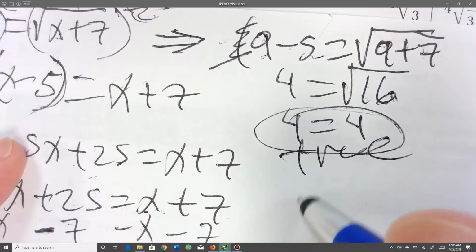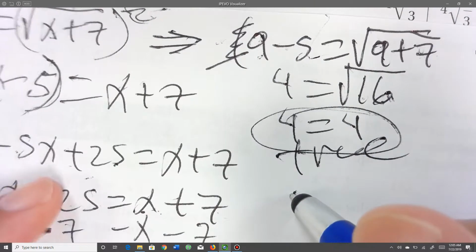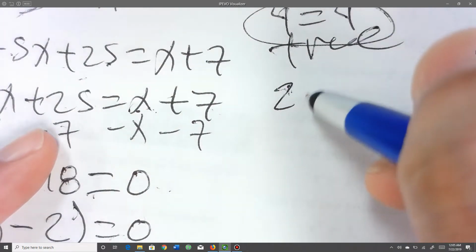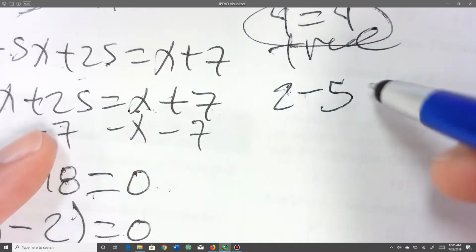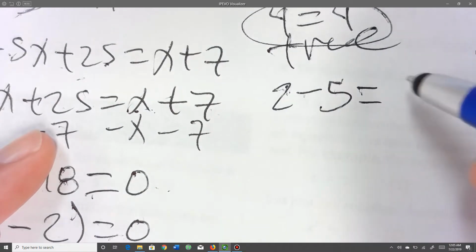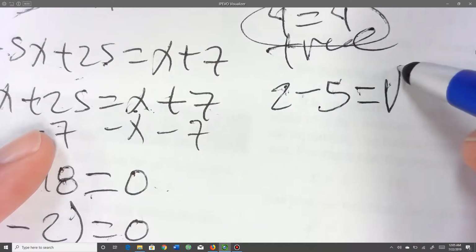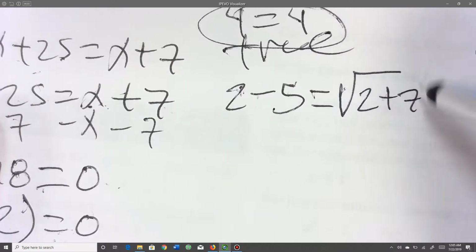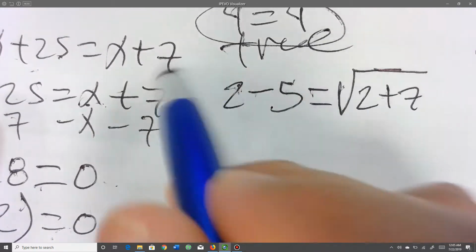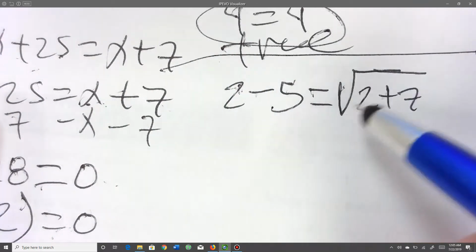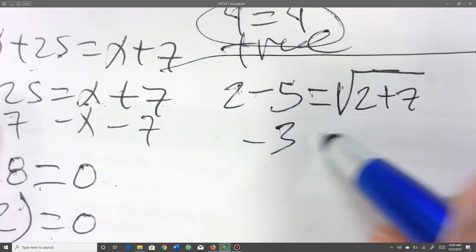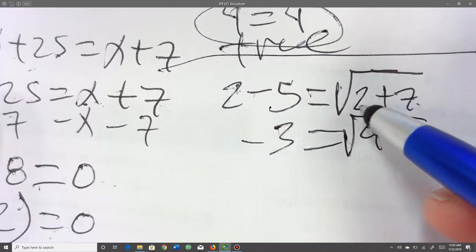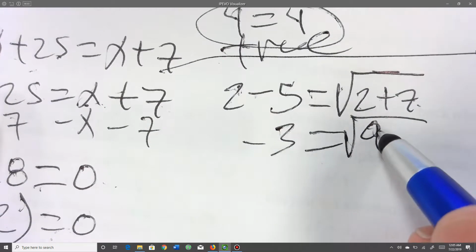Okay, so I'm just gonna rewrite everything except I plug in the value of 2 wherever I see my x in my original equation, and that's the square root of 2 plus 7 on this side. Now, 2 minus 5 is negative 3 equals the square root of 9. 7 plus 2 is 9, and 9 is a perfect square.